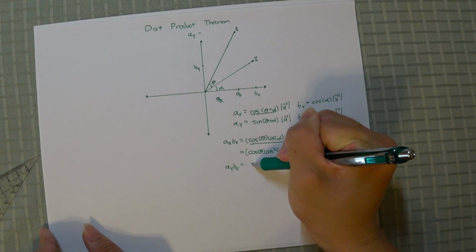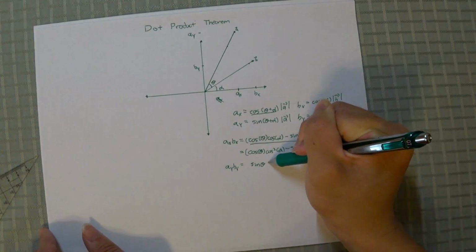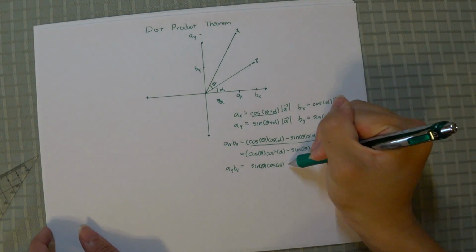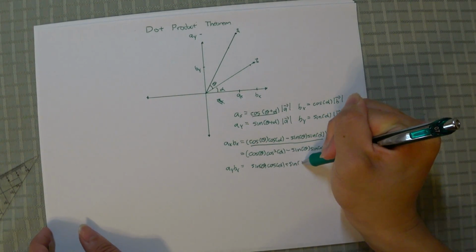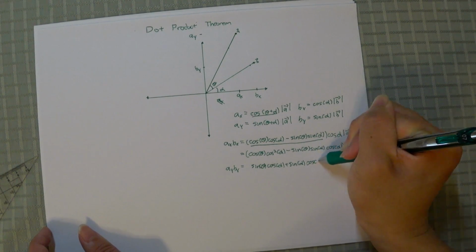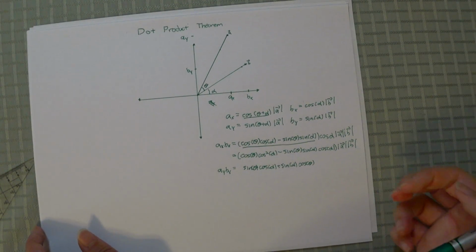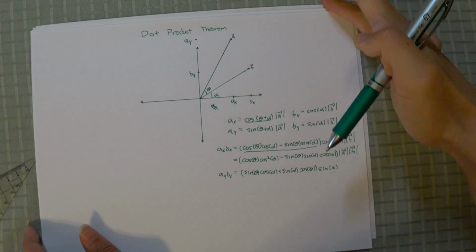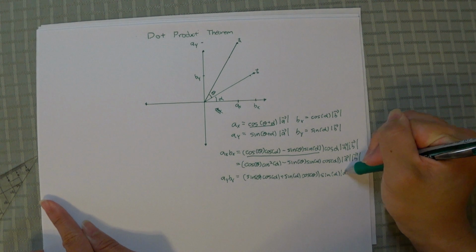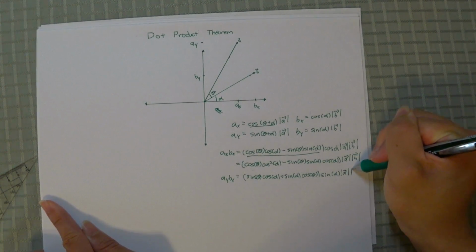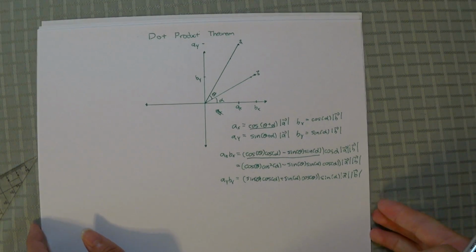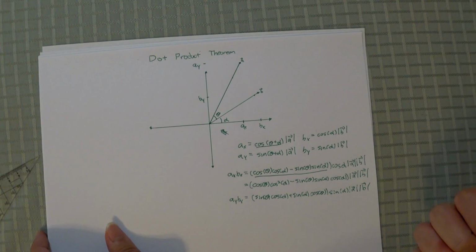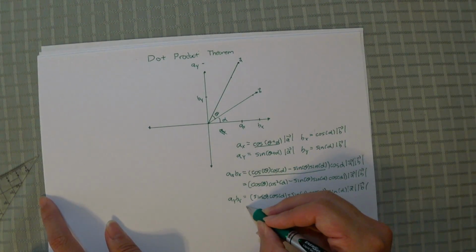So you get sine theta cosine alpha plus sine alpha cosine theta, and this is multiplied by sine alpha and the magnitude of vector A and the magnitude of vector B. And then we'll multiply the sine theta in.